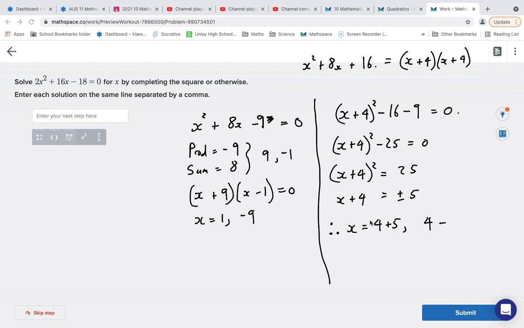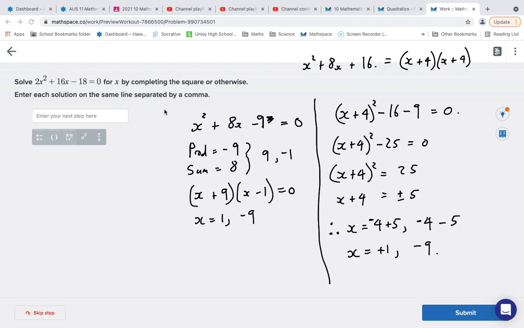Sorry, that's wrong. Minus 4 plus 5 or minus 4 minus 5. So the solutions are x is -1 or x is -9. Sorry, what am I saying? Now, x is +1, -4 plus 5 is +1, or -4 minus 5 is -9.